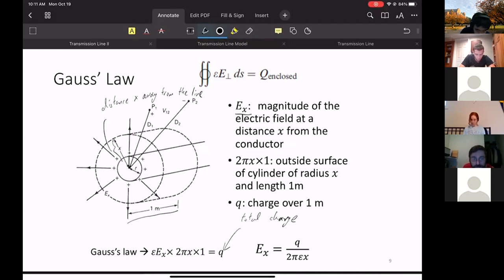This is equal to the value I get by integrating the electric field along the surface of the cylinder.